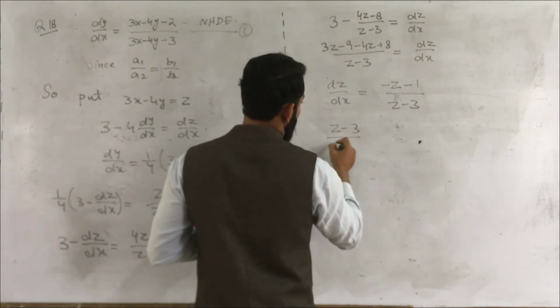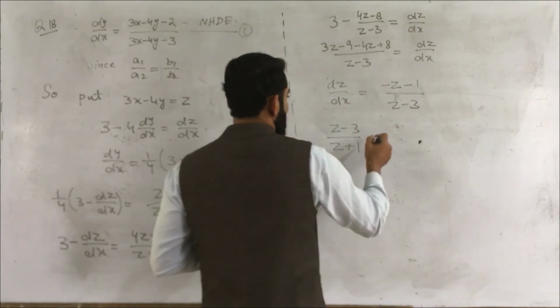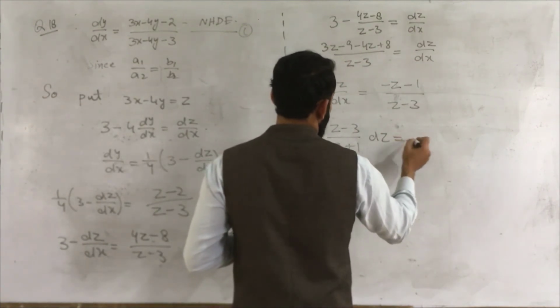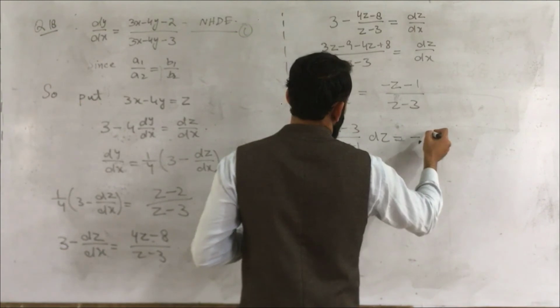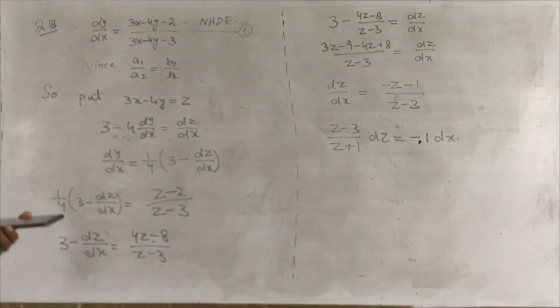(z minus 3) divided by (z plus 1) dz, taking the common minus out, equals minus 1 dx.